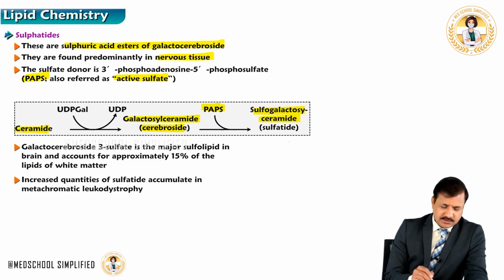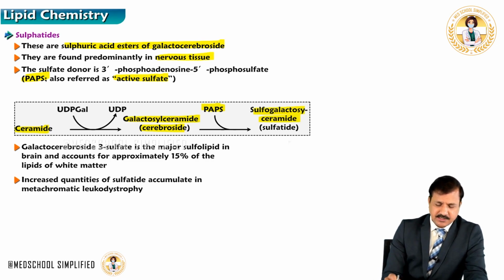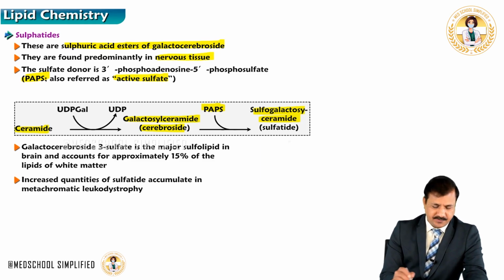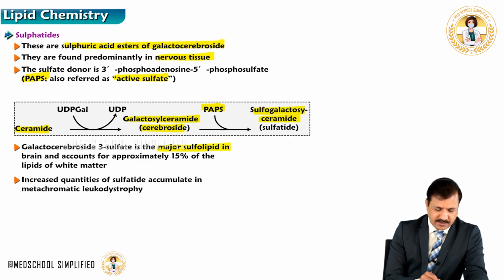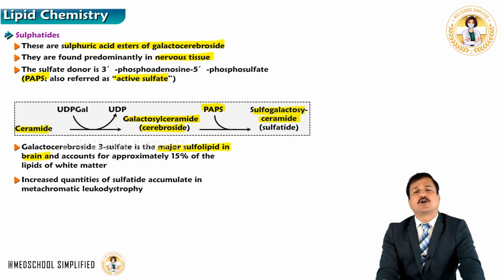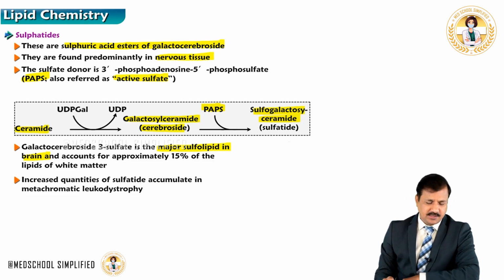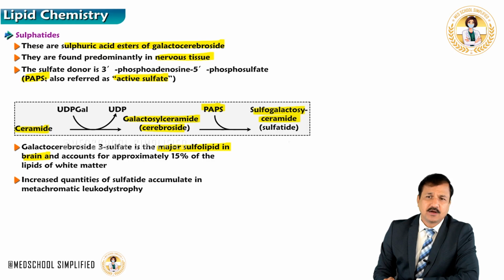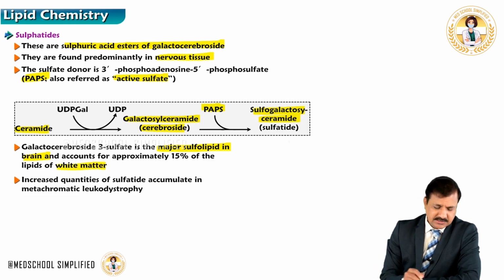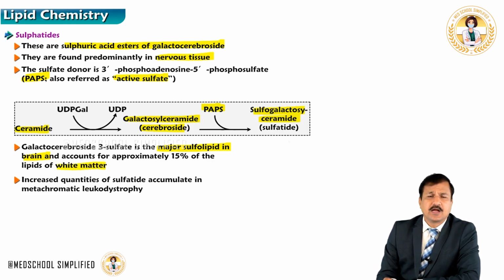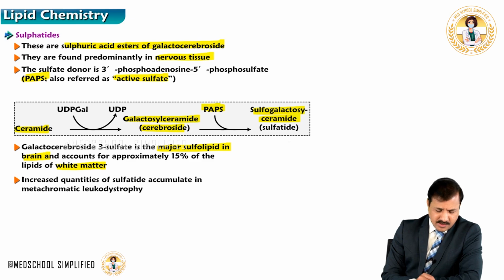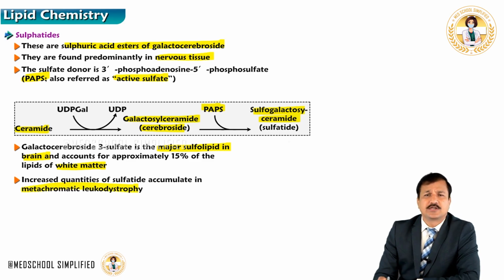Now galactocerebroside 3-sulfate, that is sulfogalactosylceramide, is the major sulfolipid in the brain, and it accounts for 15% of the lipids of white matter. So that's a significant amount there. And increased quantities of sulfatide accumulate in a disease called metachromatic leukodystrophy.